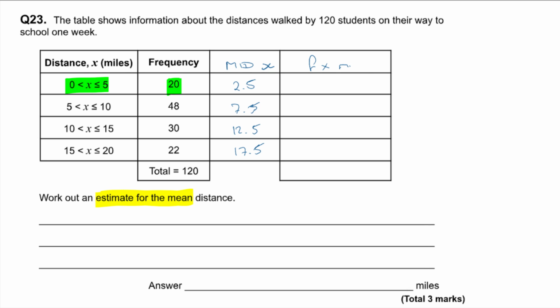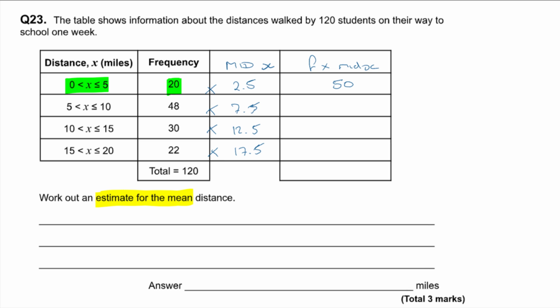And then we're going to do frequency times mid-x for this one. So 20 students walked, we're estimating 2.5 miles each. If we multiply those, 20 times 2.5, that means we're estimating that those 20 students walked 50 miles between them. Okay, we're going to keep doing that down the table, just multiplying these together all the way down.